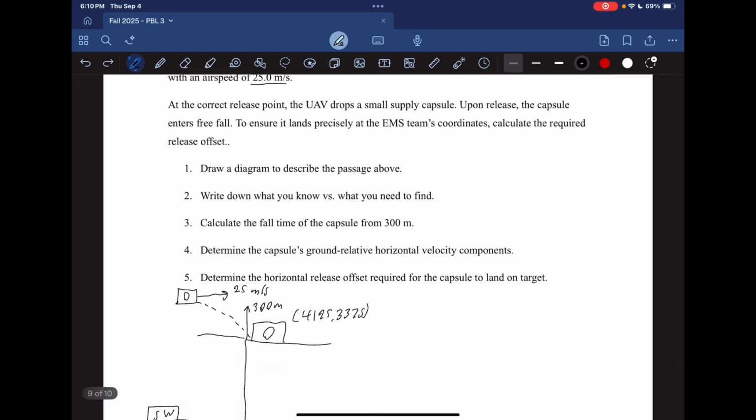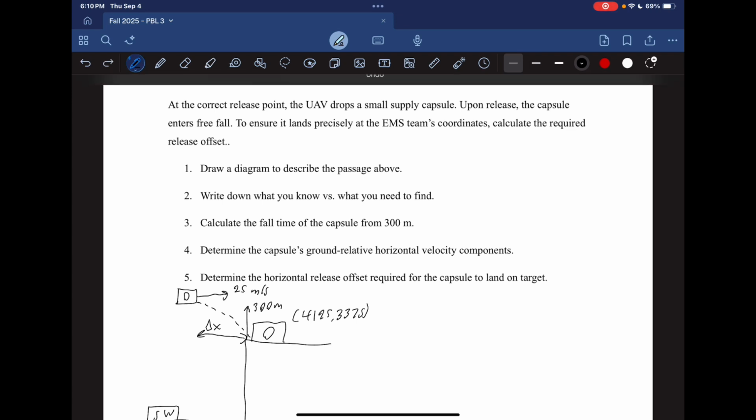And we need to know the X coordinate here for the distance, basically the point that it drops, so that it'll hit Olympus.